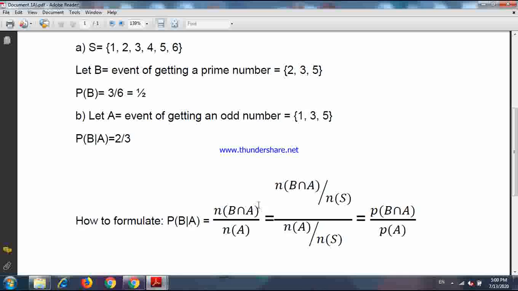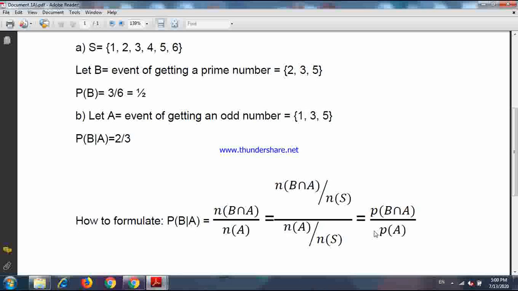Now see, if in both numerator and denominator we divide by n(S), then what happens? n(B intersection A) divided by n(S) is nothing but P(B intersection A), and n(A) divided by n(S) is P(A). So this is the definition of the conditional probability.